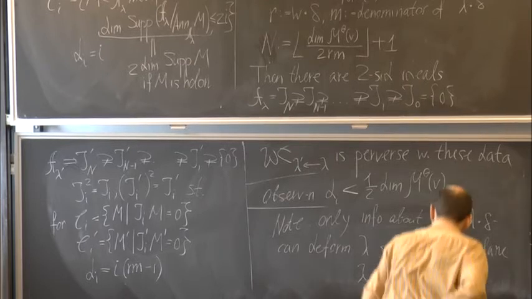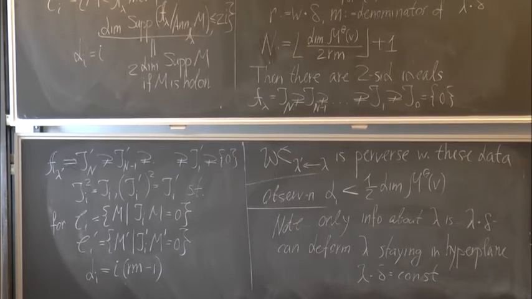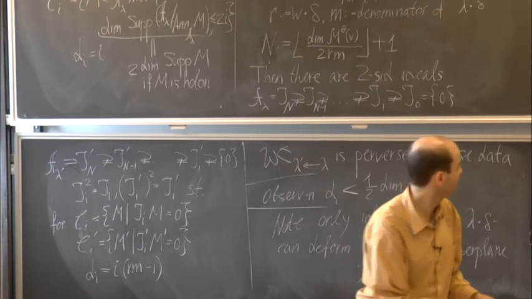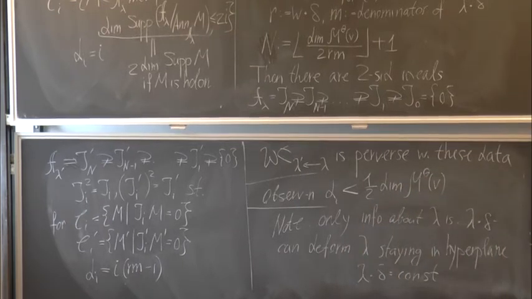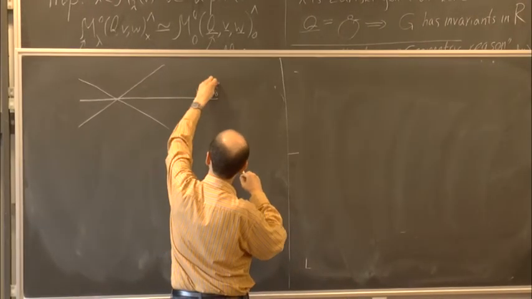So let me draw a picture. So here is a wall. So here are my chambers. This is Ker delta. And here I have a line of lambda.